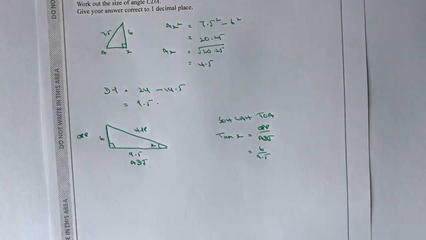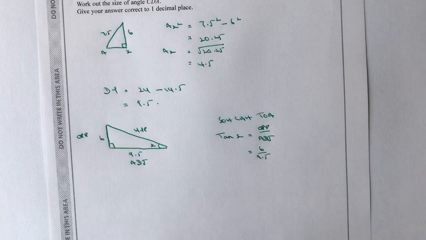The problem with this is that I don't need to know the tan. What I want to do is find out the actual angle itself. So I have to use the inverse trigonometric function on my calculator. On a scientific calculator, it's usually above the tan key and it'll say tan to the power of -1.